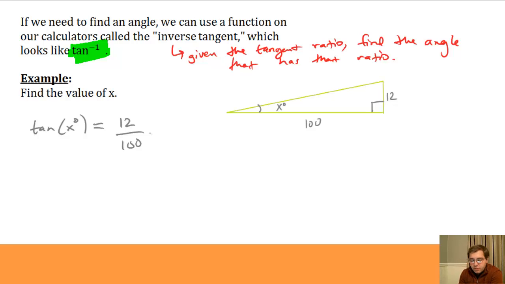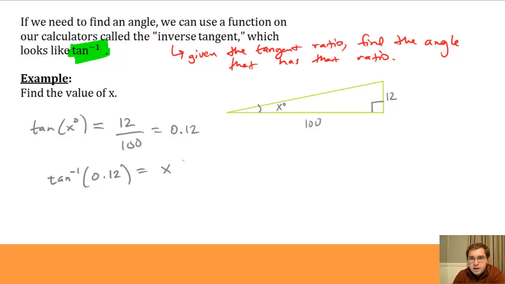Okay? 12 over 100 as a decimal is the same as 0.12. So if I want to find x, I'm going to take the tangent inverse of the ratio of 0.12, and that's going to give me x.